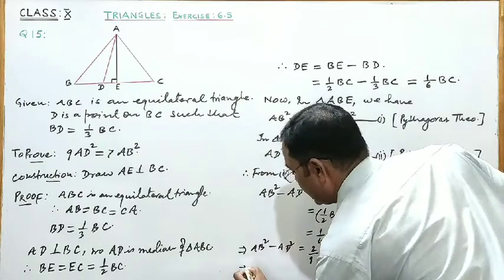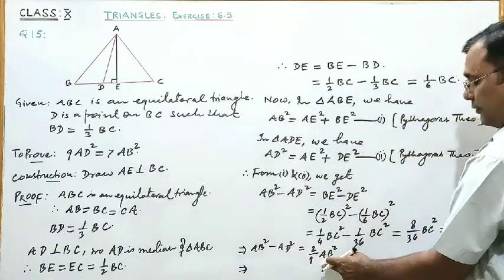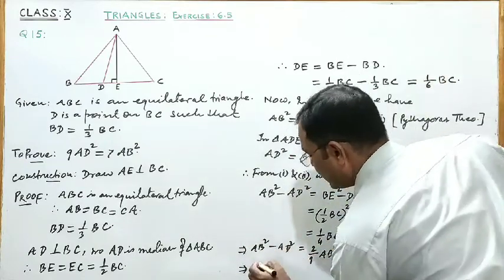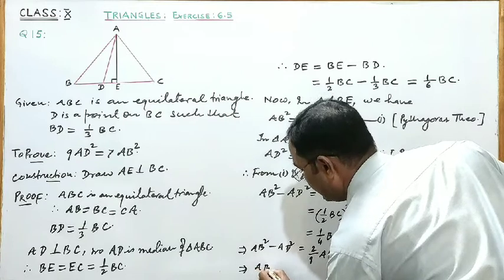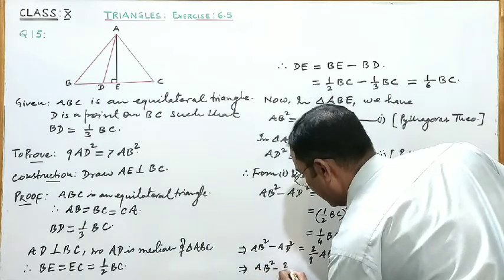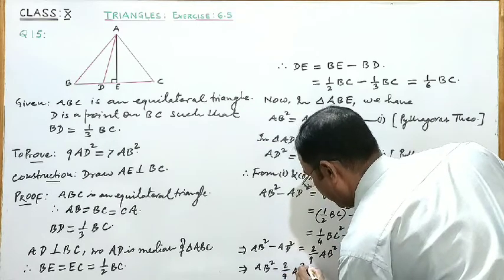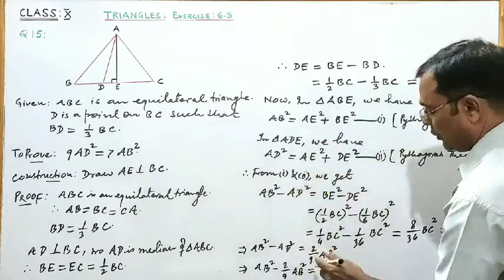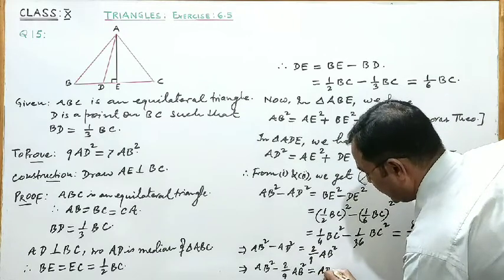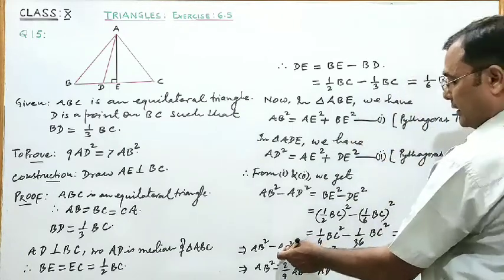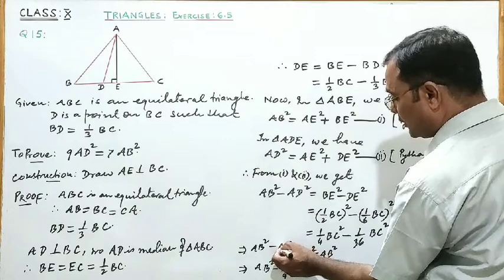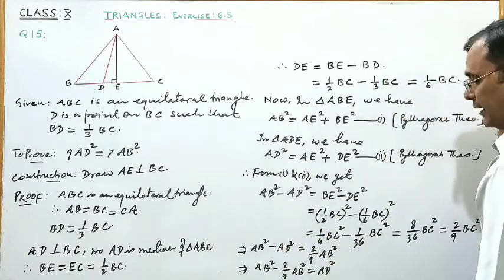Now transpose this 2 by 9 AB square from right side to left side. You will have AB square minus 2 by 9 AB square is equal to AD square. Minus AD square is transposed from left side to right side.